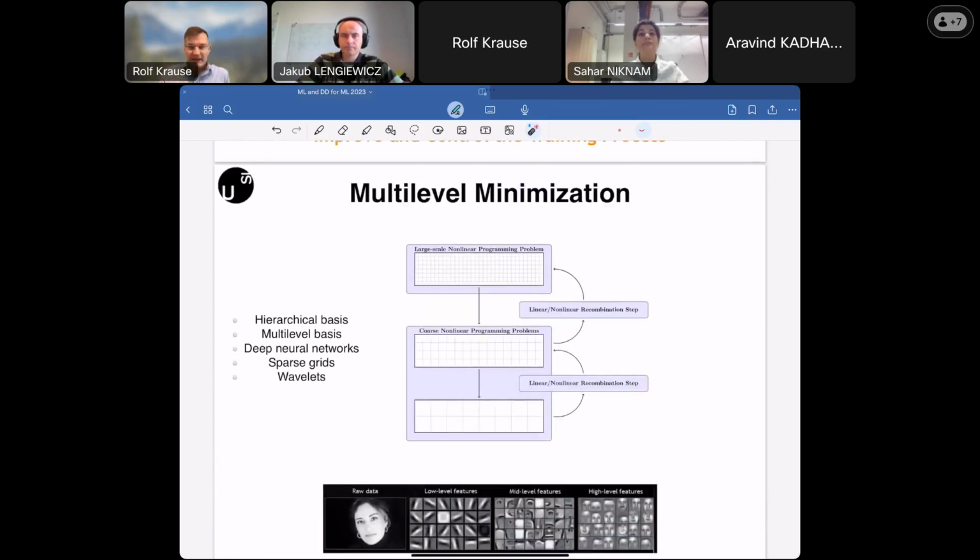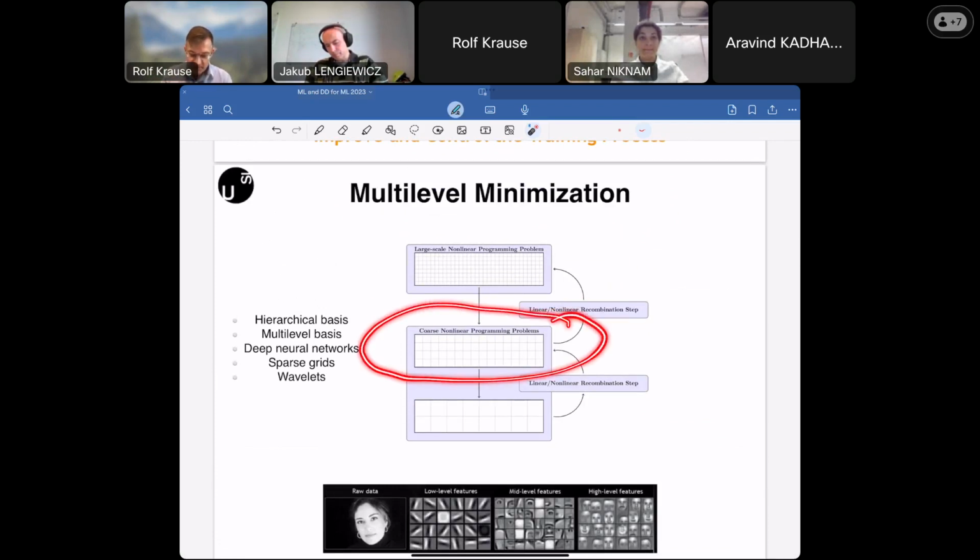Okay, so I would like to talk shortly about how to improve efficiency. And the underlying idea is quite simple. There are two ideas. The first is to do a multi-level approach. Here I put a mesh, but in principle you have a problem with many, many unknowns.